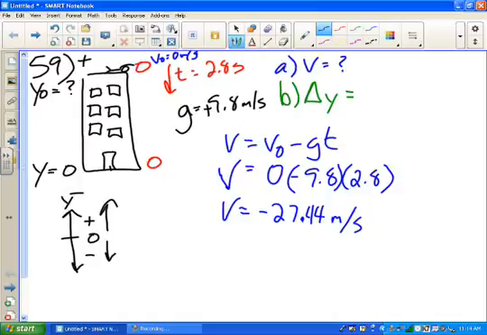If you get a positive answer, you know which way you're heading. And then the scalar or magnitude of the vector is based upon the number itself. So negative 27.44 meters per second means that we went down at a velocity of 27.44 meters per second. So that's part A. Whew, that was a lot of talking.